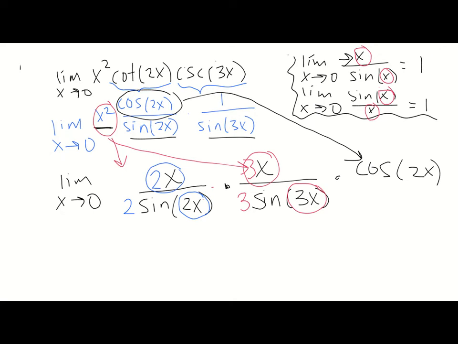Okay, so now as we actually go to evaluate each of these pieces of this limit. The product rule says that if the limit of each part of a product exists, then you can find the product of the limits. So I'm going to write it out like that.